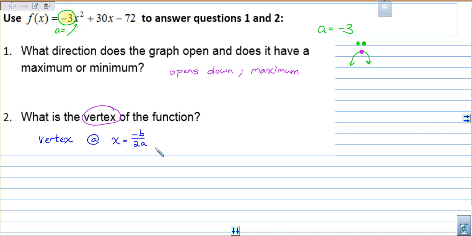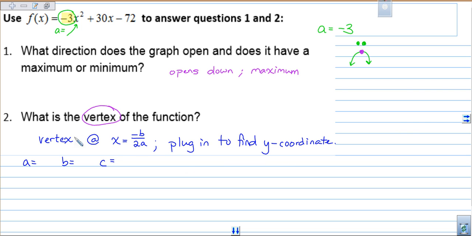And then when you have that, then you plug in to find the y coordinate. So we're going to figure out what our a and our b and our c equal from this equation. And then we're going to plug in and we're going to solve.